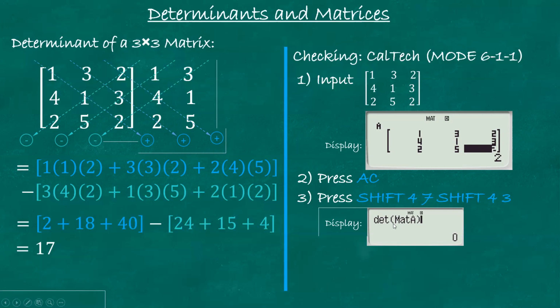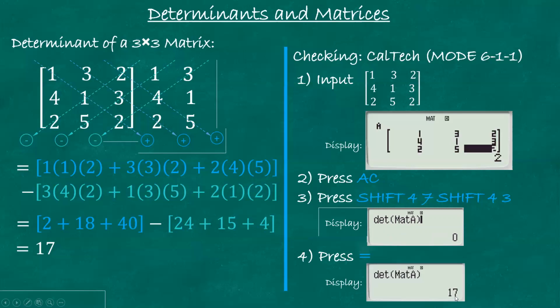Afterwards, press the equal sign, enter, and the display shows 17. That is the determinant.